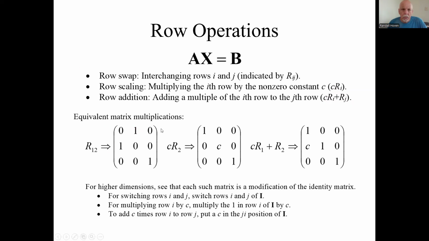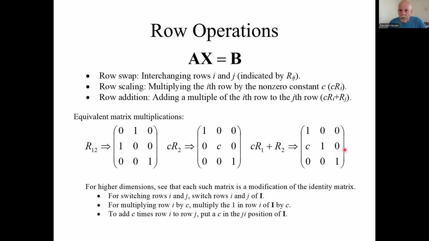Here's the 3 by 3 case. If I had some matrix, say A, on the right of this guy, that had 3 rows, then this would be a compatible multiplication. And this matrix would switch the first and second row of the A on the right. This matrix would multiply the second row by c.